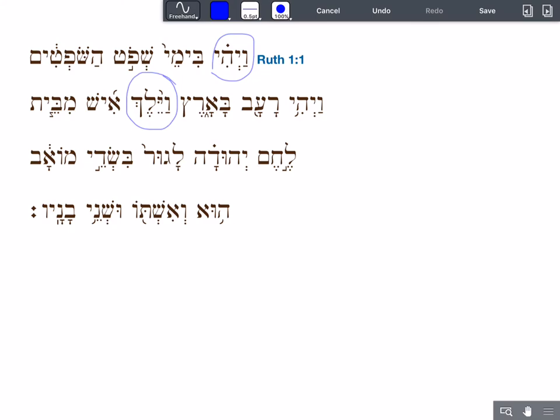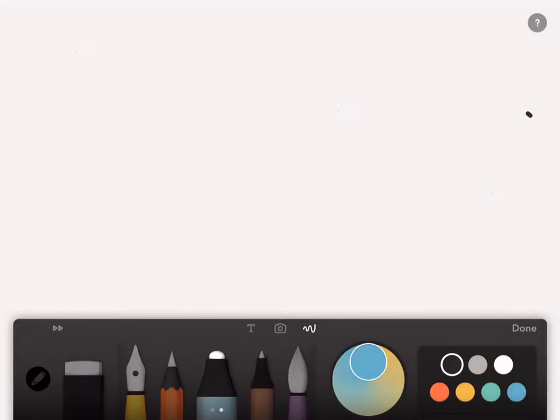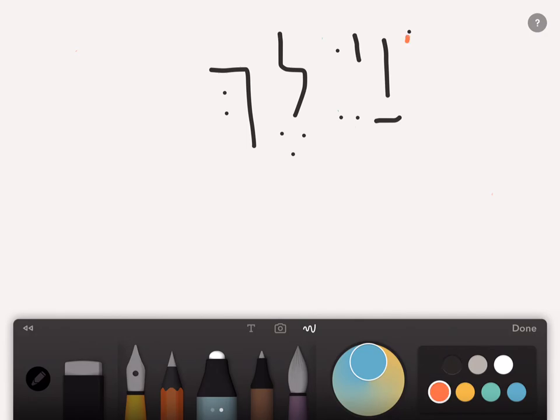Now what is the root of this verb? I notice I have a yod with a sere, but what is my verbal root? So let's take a look. We have va-ye-lek. This is my vav consecutive.